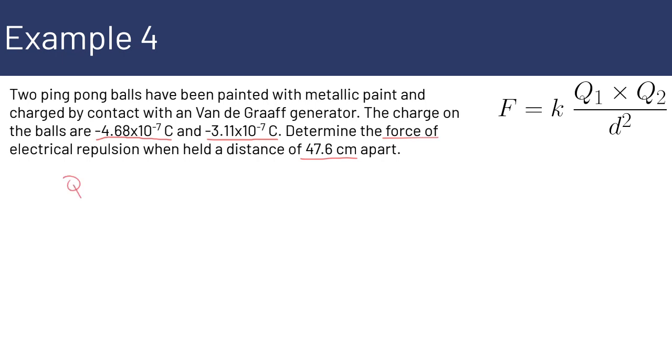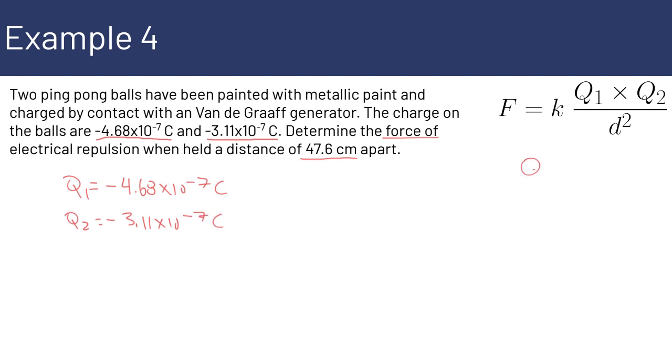So we have Q1 is equal to minus 4.68 times 10 to the minus 7 C. That's coulombs. Q2 is equal to minus 3.11 times 10 to the minus 7 coulombs. Since these are like charges, they're repelling each other.